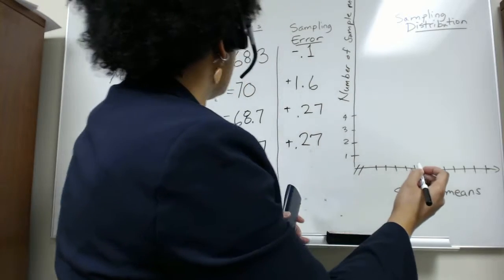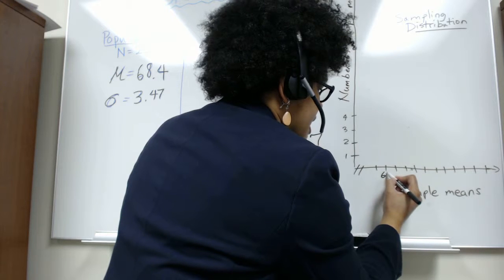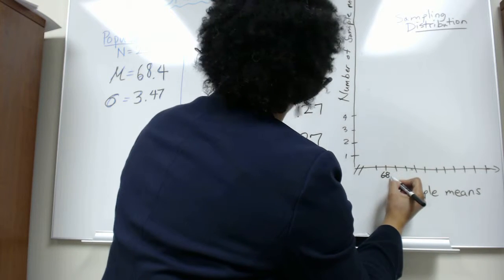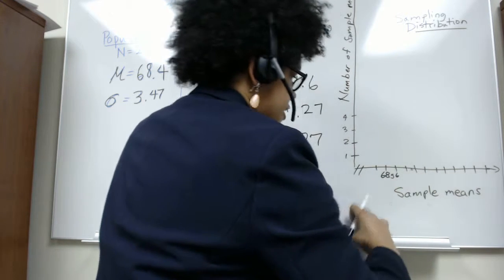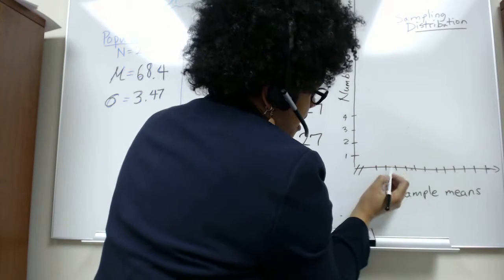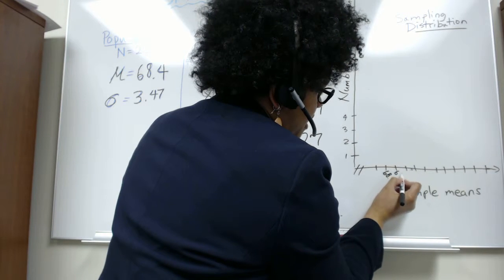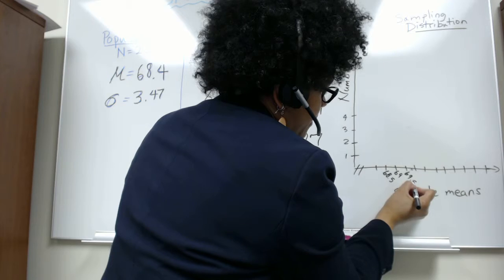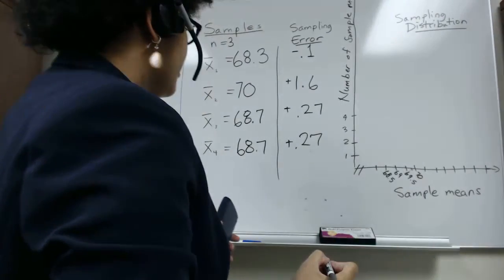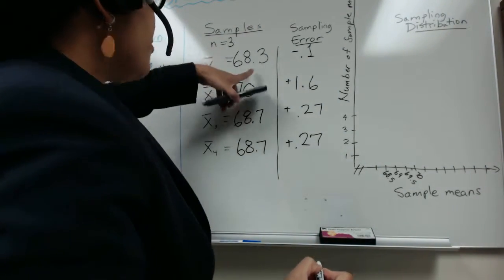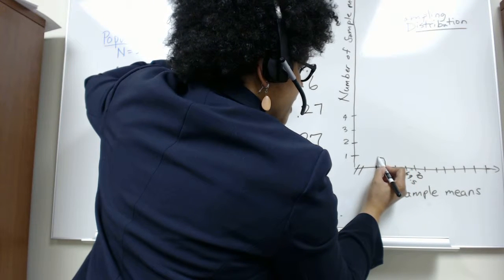So let me do 68.5, 69, 69.5, 70, sideways. Our mean of 68.3 would be somewhere around here.